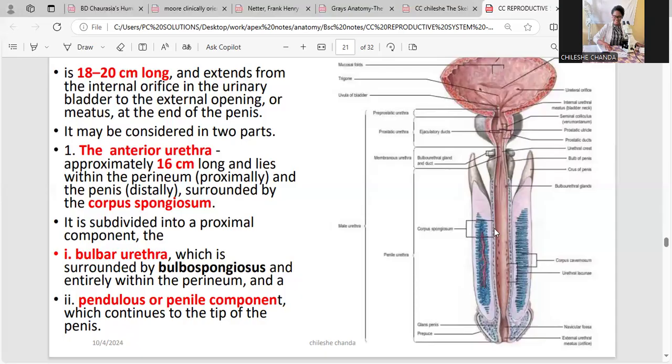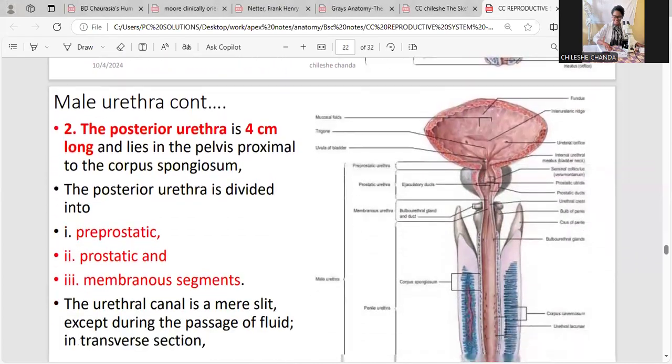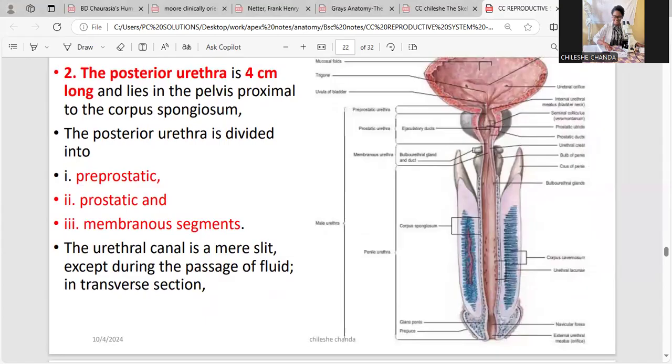If you look at this layer of erectile tissue, it is divided into the bulbar urethra, which is surrounded by the bulbus spongiosus, which is a muscle. Okay, let me see that diagram.